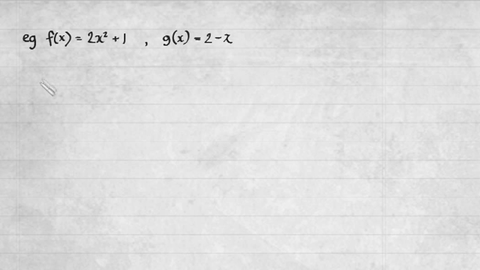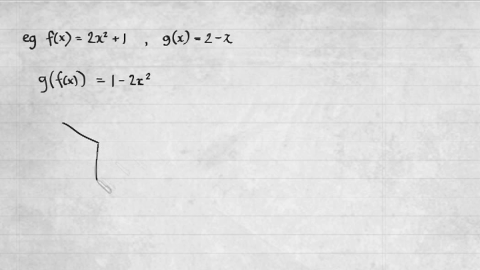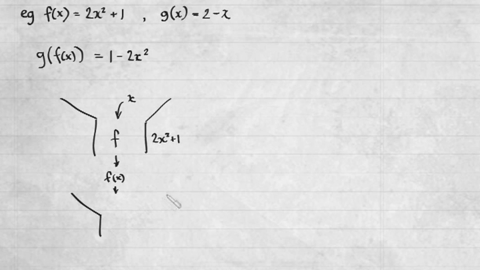So you can see h of x is the equivalent function of f of g of x. And similarly we can think of the functions taken in a different order, g of f of x. This means that we're putting f as the first machine, so that we drop x into f firstly. Out of the bottom of the first machine comes f of x, that feeds into g of x, which in this case is 2 minus x, and out of the bottom of that machine comes g of f of x, or h of x.